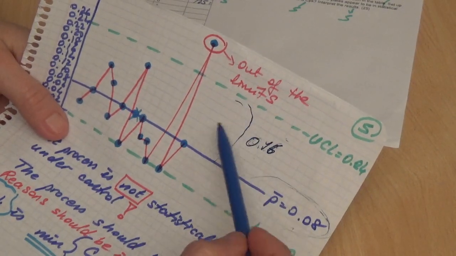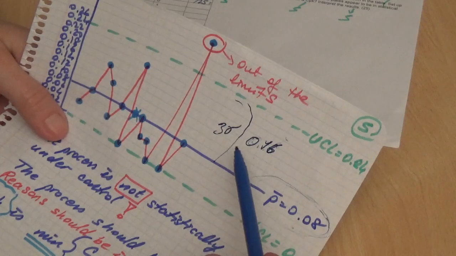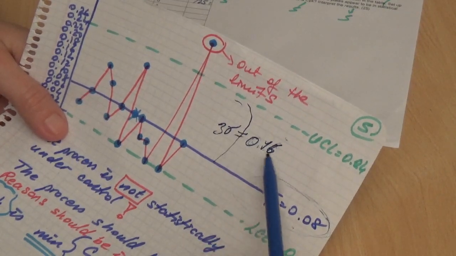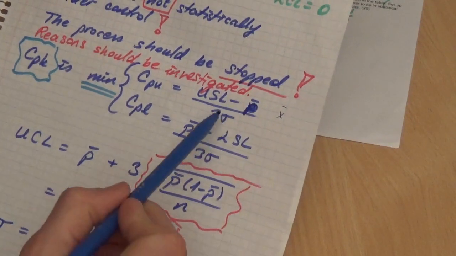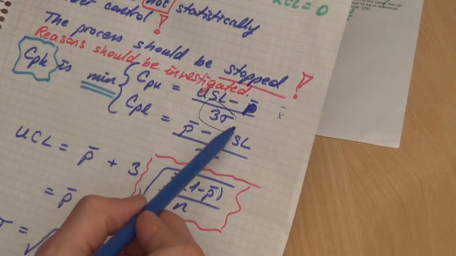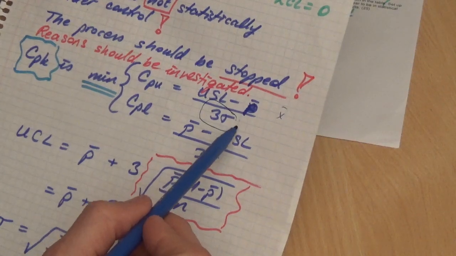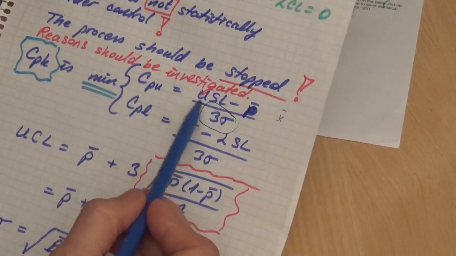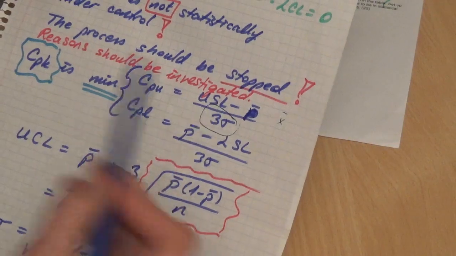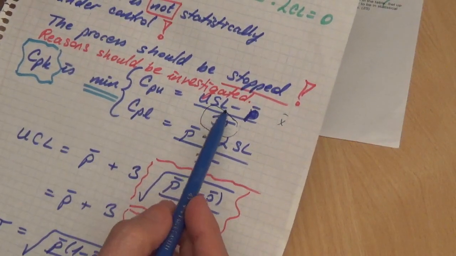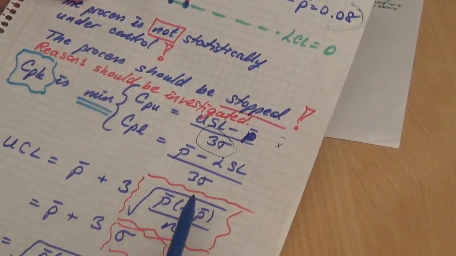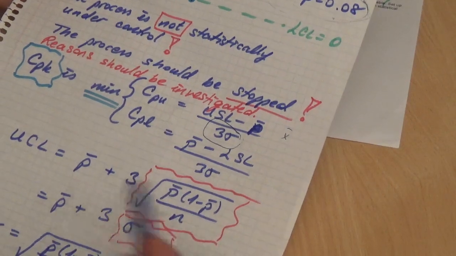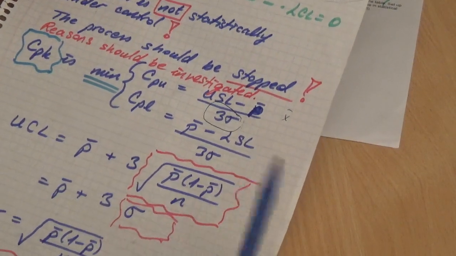So this part is 3 sigma. 3 sigma is equal to 0.16. For this calculation, for the denominator part, you should be writing 0.16. So you know the upper specification limit given in the question, 0.16 minus, that was 0.08, all over 0.16 would give you 0.5 for both of them, actually.